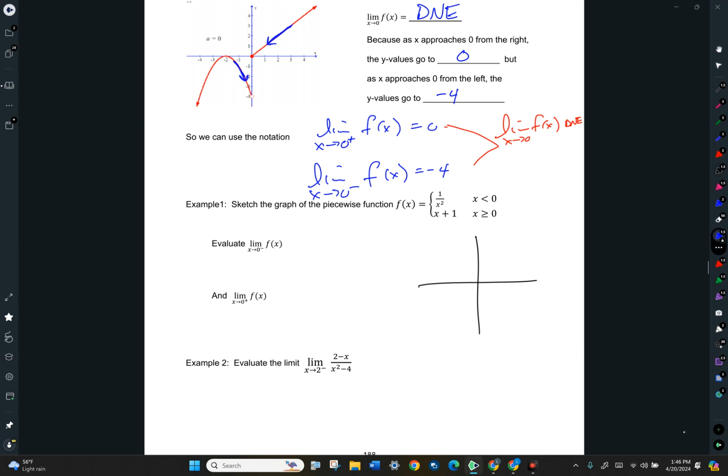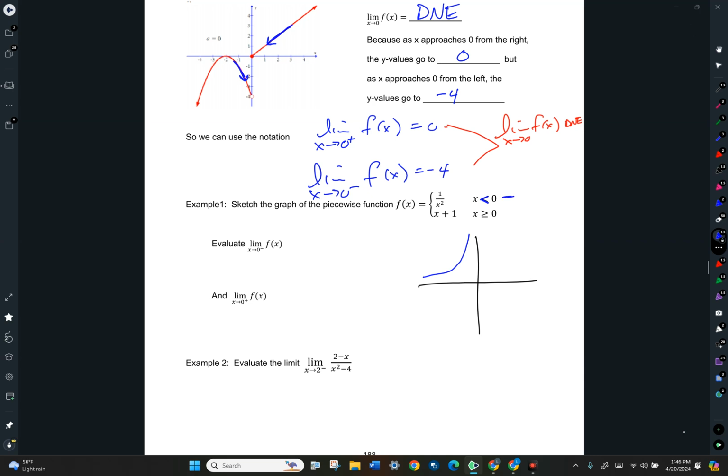So if x is less than 0, okay, so we're talking about the left side of 0, I have the graph 1 over x squared. Well, you may or may not remember, the graph of 1 over x squared is kind of like the 1 over x graph that has both pieces on top. But since I only want the part when x is less than 0, I don't want this piece over here on the right. I only want that piece on the left.